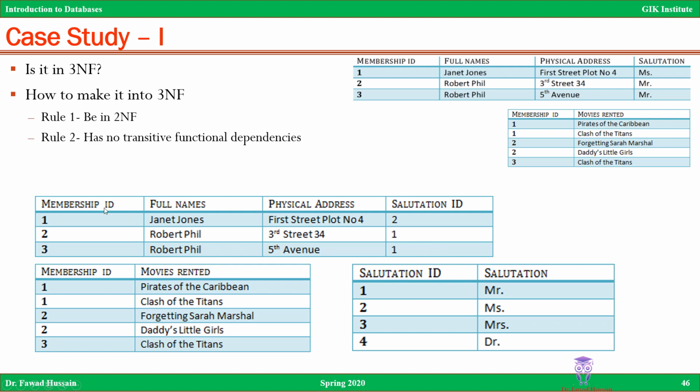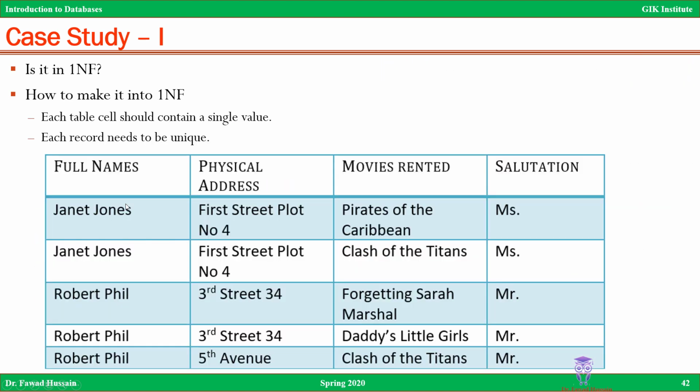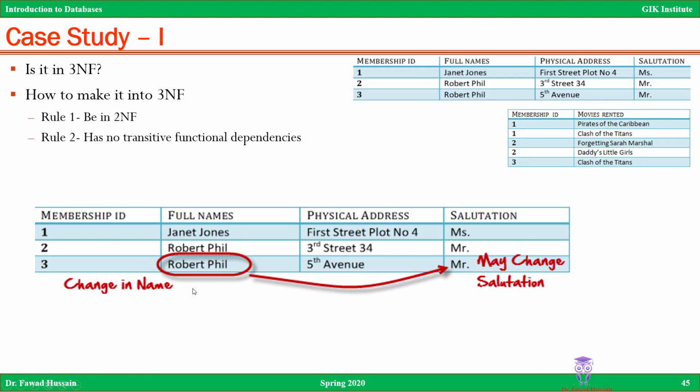But since I did introduce the surrogate key, a surrogate key means an artificial key. If you look at the original data set, there was no membership ID. So membership ID is a surrogate key. It is an artificial key that we have introduced, which was not part of the original data. So for that reason, I'm not saying that the full name and salutations should form the new table.